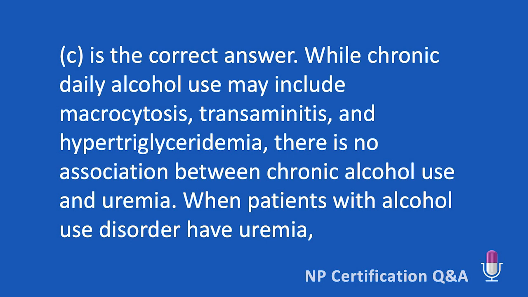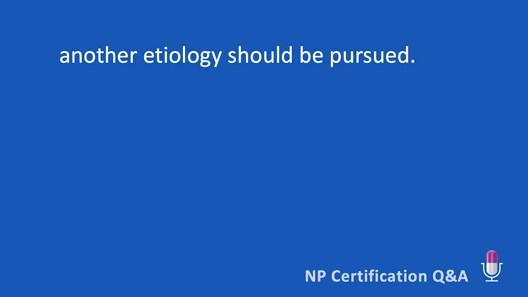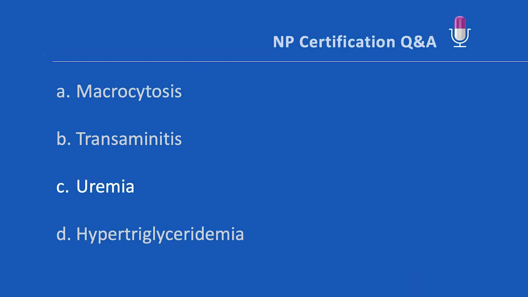So if your patient is a chronic user of alcohol and their BUN is elevated, they have 2 different problems here, the alcohol use and the uremia. If that's the case, you need to pursue the cause of the uremia and not attribute it to alcohol.